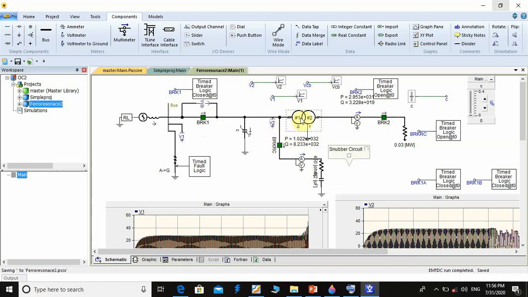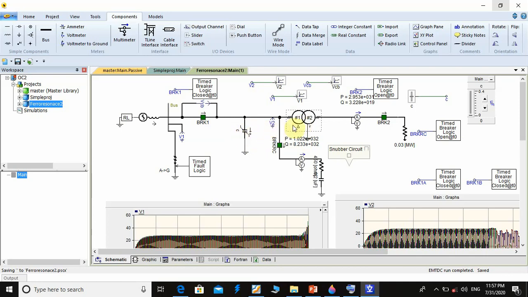The relation between the reactance of the transformer XL and the stray capacitance of the cables, because when this breaker de-energizes the transformer with cable, the stray capacitance charges.